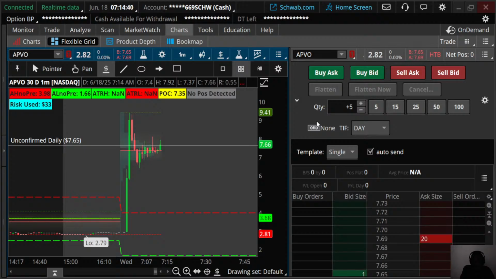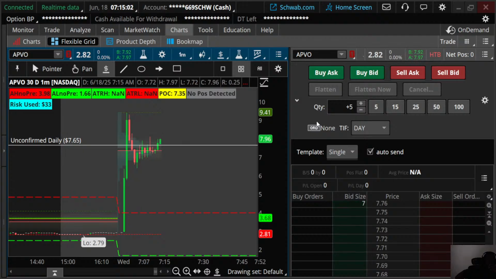But if it fails here, it's definitely going to be a little bit of resistance for sure. About to close this candle here. Okay, got a little poke out. That 765 is still there.